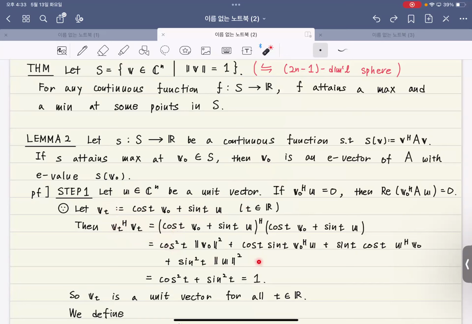Some tedious computation is going on here, but because this term equals 0 and this term also equals 0, I can simply ignore these two terms. We are assuming that v0 is a unit vector, and u is also a unit vector, so this is just cosine squared plus sine squared, which is 1. So vt is a unit vector for all t.